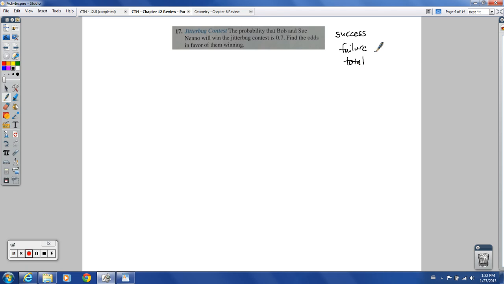And when it's listed as a probability as a decimal like this, we know total is always going to be 1. So this is the probability that they win. The probability of success, in other words, is 0.7. So the probability that they fail would be 0.3, because this plus this has to add up to the total.